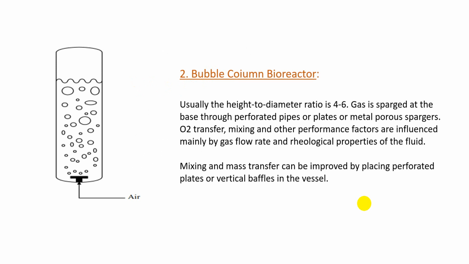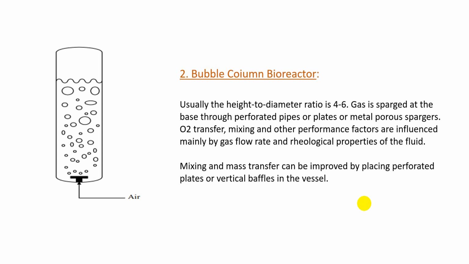Then coming after the stirred tank reactor, which is the most common type of reactor, the second type of reactor is the bubble column reactor. This bubble column reactor, as the name signifies, has as its main driving force the bubbles which are pumped via the inlet.